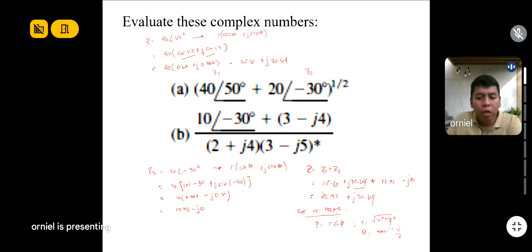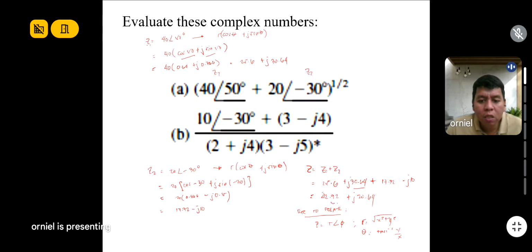That is our goal now. We are still not done; we have to get the value of r and the value of theta.